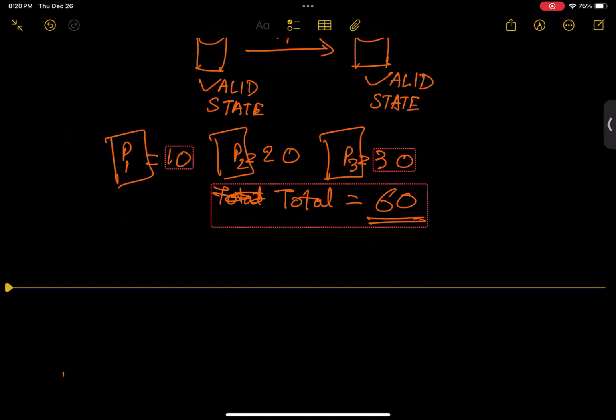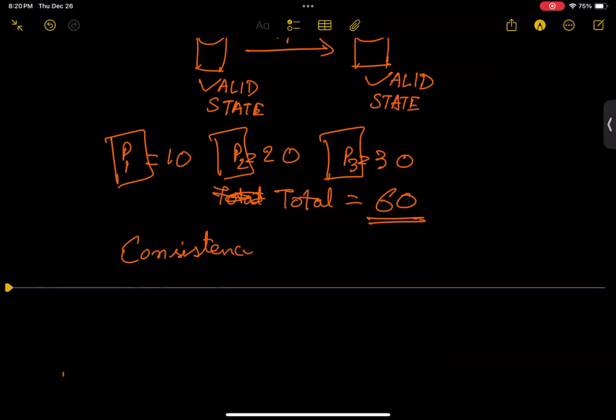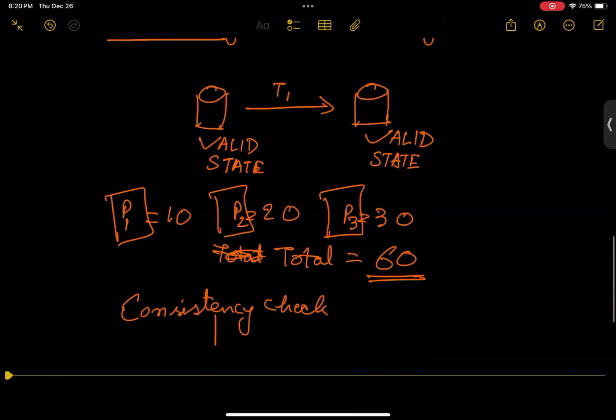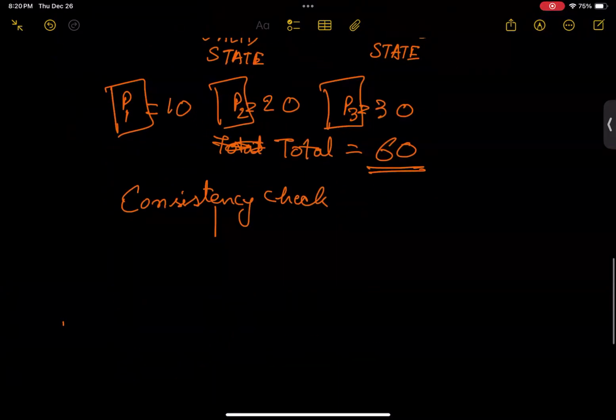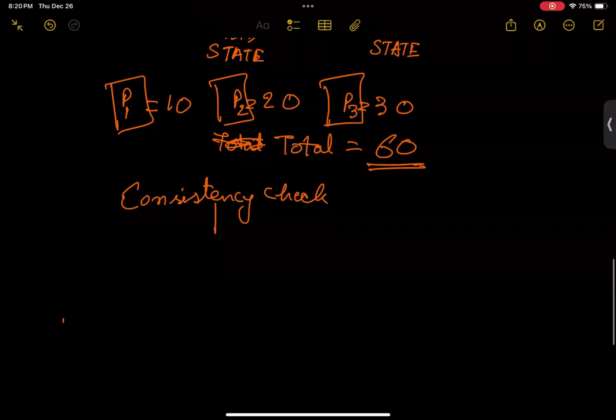Let's just write this: consistency check. There can be two ways of consistency check.